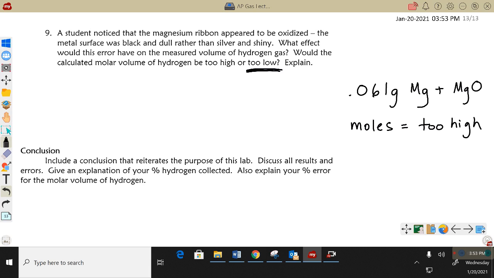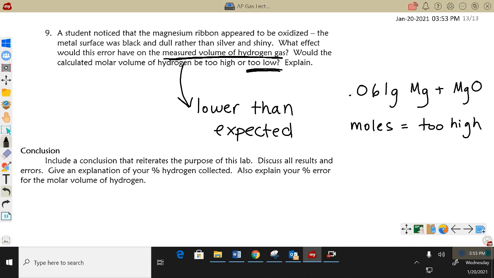Well, then what effect would this error have on the measured volume of hydrogen gas? That will also be too low. Or I could say lower than expected. Because I'm expecting that 0.061 grams to be all magnesium, and if I turn that into moles, it should give me the exact same moles of hydrogen gas.